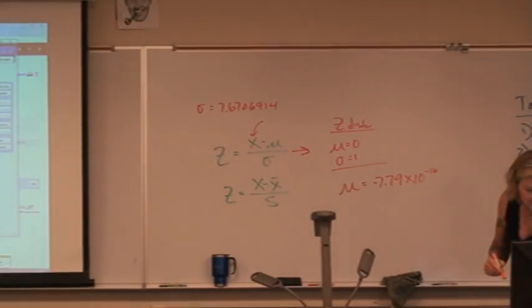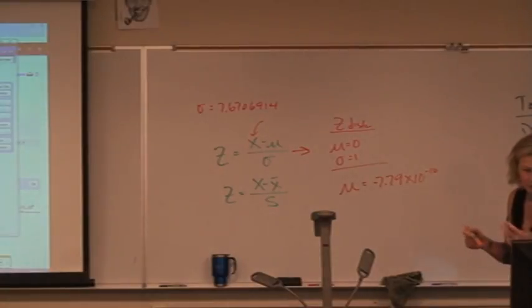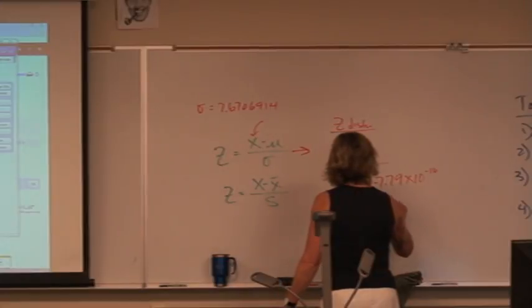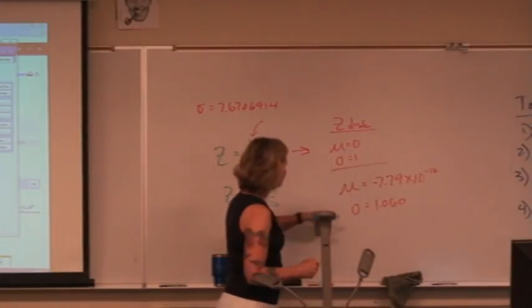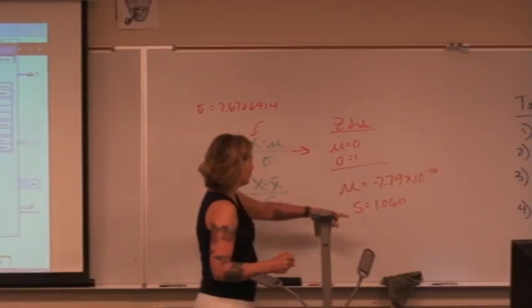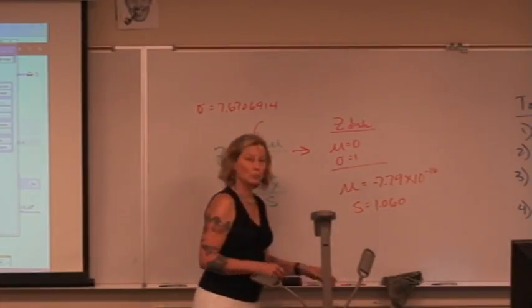Check out the standard deviation. We should have probably gotten the unadjusted. It probably would have been closer to 1, but you can see the standard deviation is 1.060. So really close to, actually this is S, really close to 1.